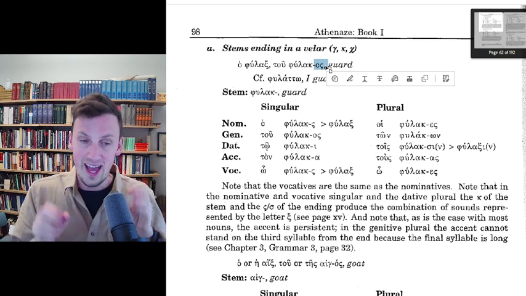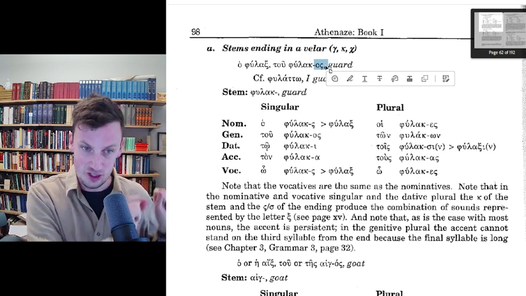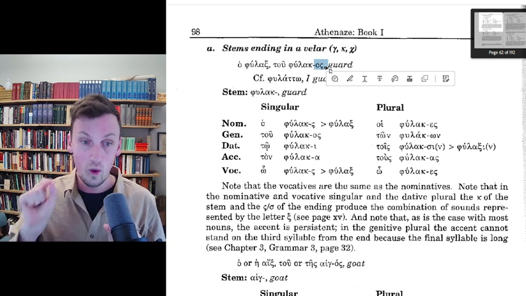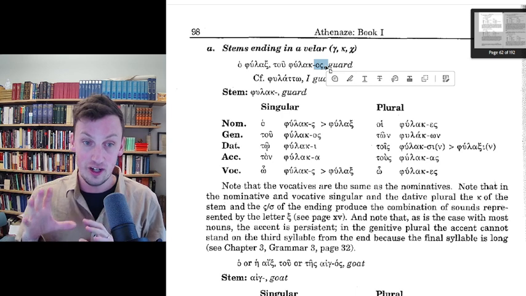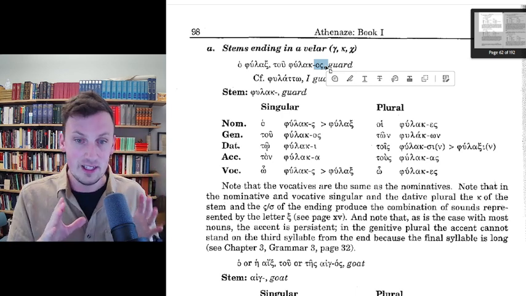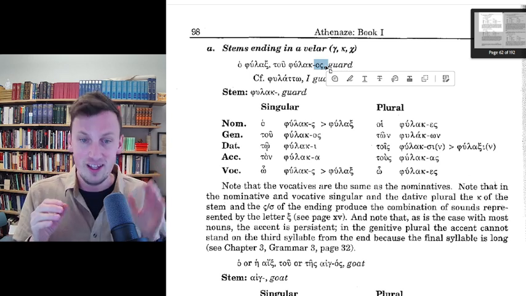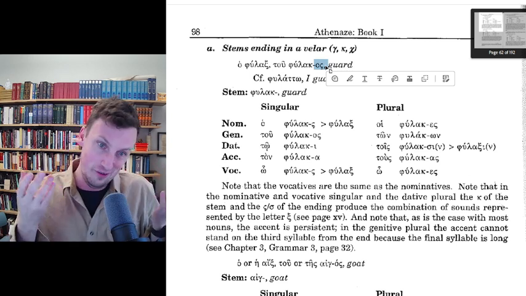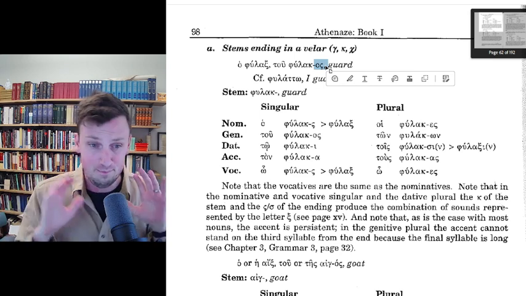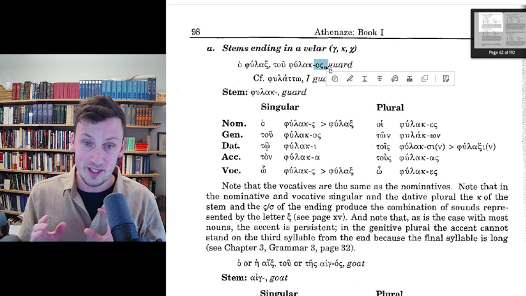You're golden. And note, your article hasn't changed. Your article is still going to be your 2-1-2 article. That is, the article that looks more or less like a second declension masculine ending with a tau in front of it, a first declension feminine ending with a tau in front of it, and a neuter ending with a tau in front of it. So your articles are going to stay the same.